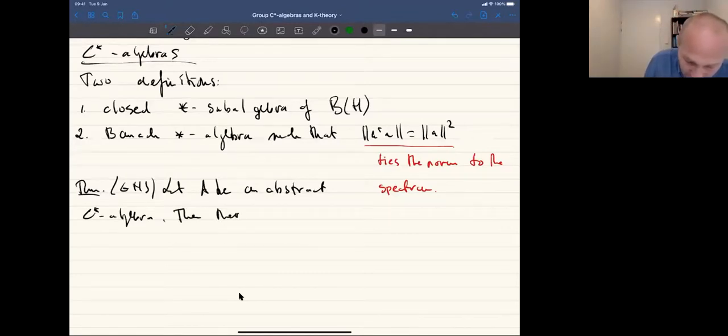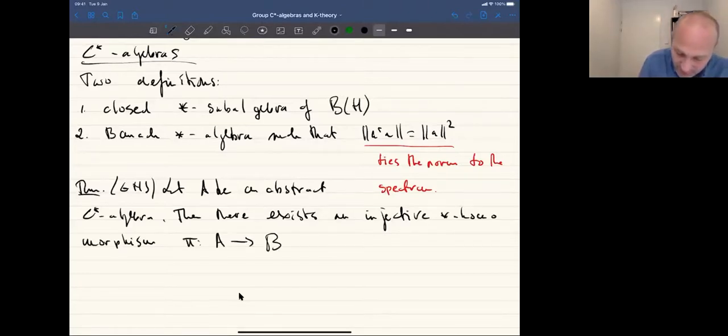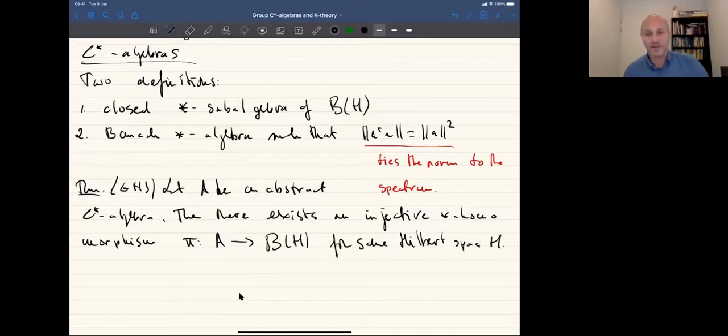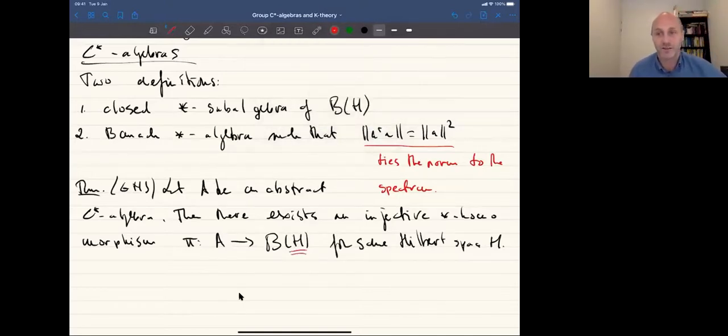Then there exists an injective so-called star homomorphism pi from A to B of H for some Hilbert space H. So this means that given a Banach star algebra satisfying that C-star identity, you can actually construct a Hilbert space H such that this algebra is realized as an algebra of operators on that Hilbert space.